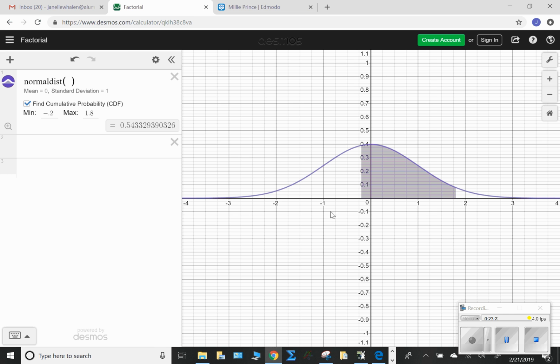Okay, now you can see how Desmos has graphed the normal curve for you, and it's also given you your normal distribution.